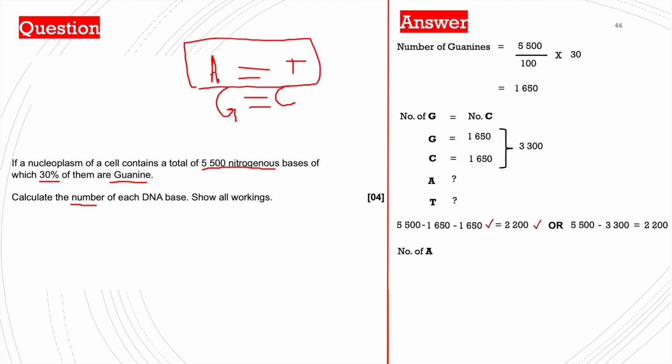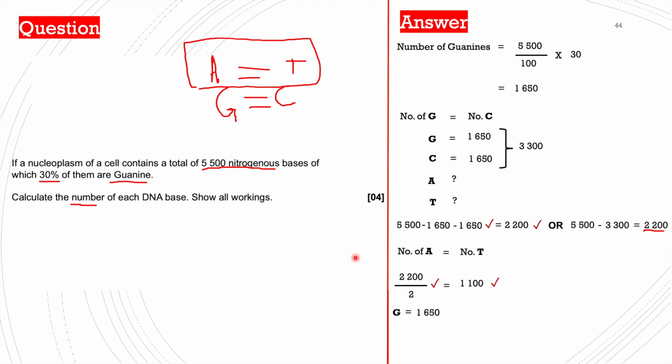And like we said, the number of adenine equals the number of thymine. Therefore, all we need to do is divide this remaining 2,200 by 2, and that would be the number of adenines and the number of thymines. So 2,200 divided by 2 would give us 1,100. All right? So each remaining nitrogenous base, adenine and thymine, will equal 1,100.